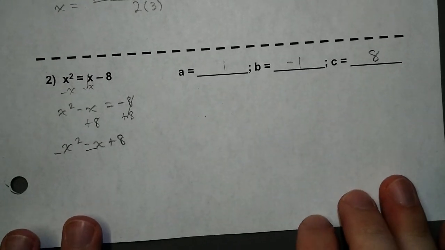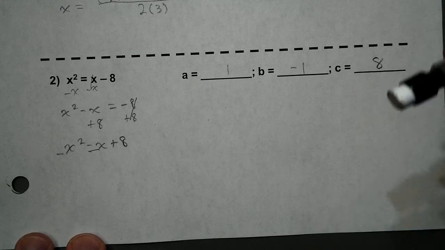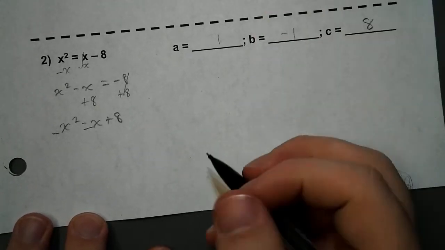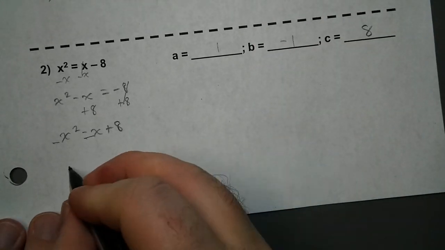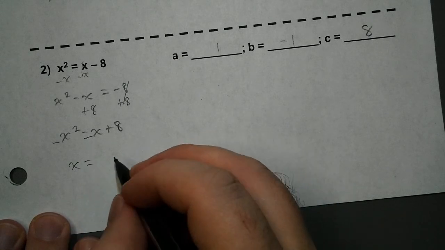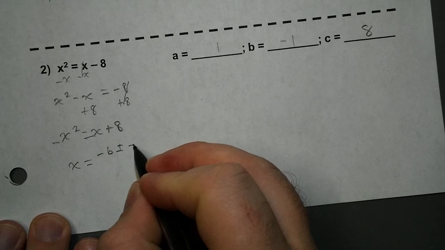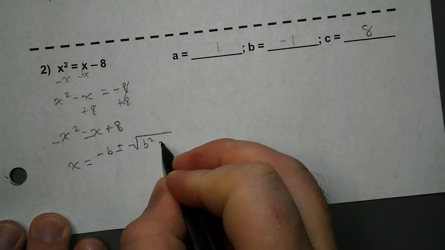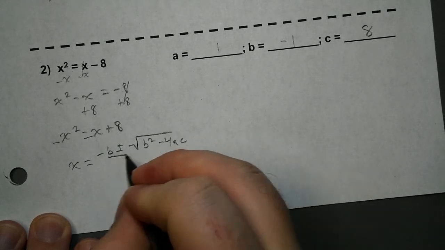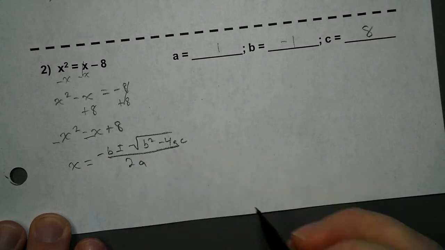So, we're going to use the quadratic formula. So we've got x is equal to negative b plus or minus the square root of b squared minus 4ac over 2a.